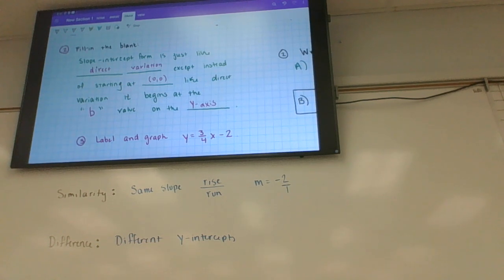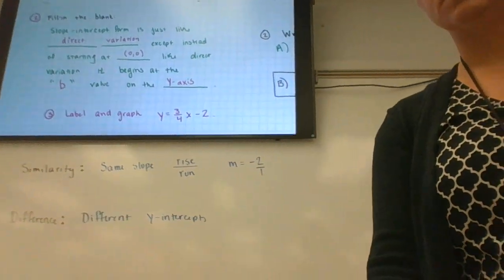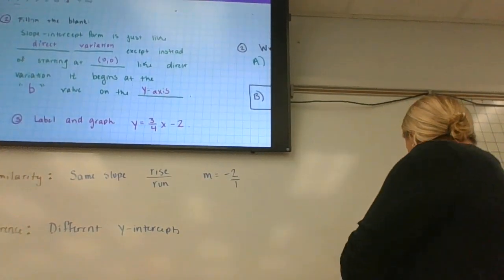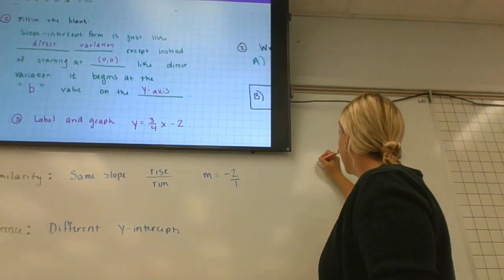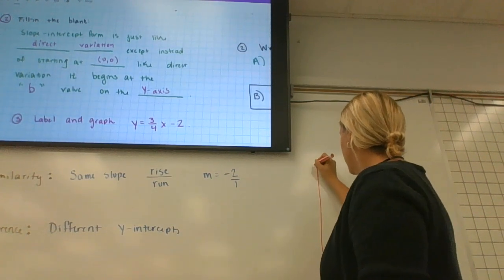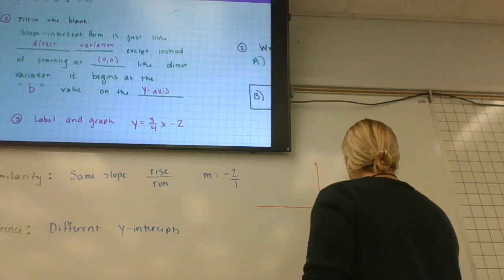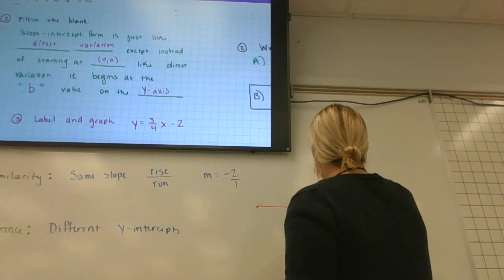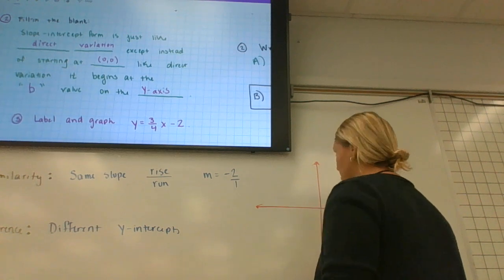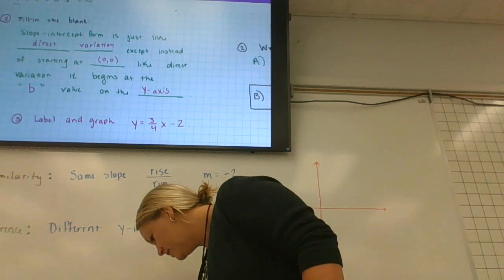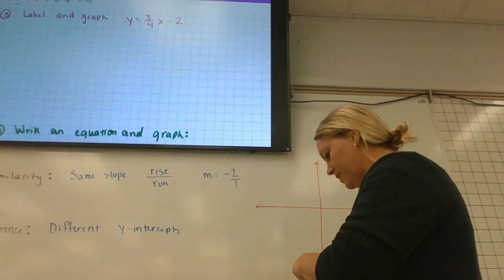You got axes. Wish that came out a little straighter, but it is what it is. I'm going to do it out here.